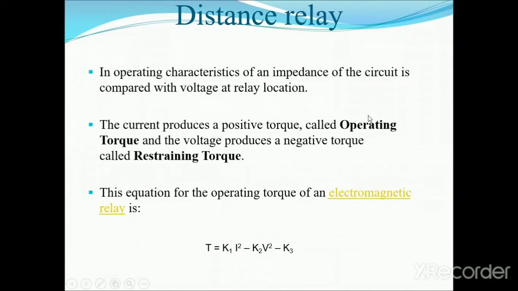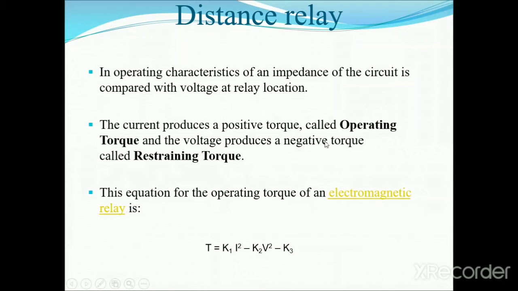In the case of an impedance relay, the current produces a positive torque, that is K1 I square. That positive torque is called the operating torque.